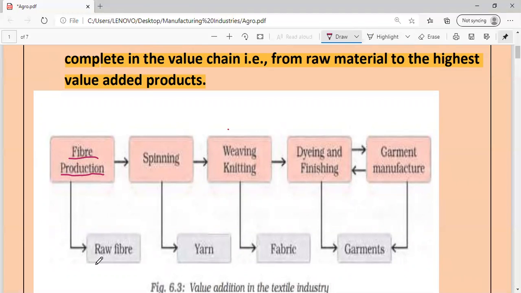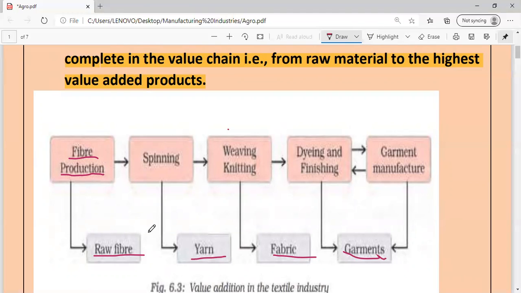From raw material, you are making raw fiber. Then raw fiber is converted into yarn, thread, through spinning. Then you are making fabric, cloth, and afterwards you are doing dyeing, putting color, and finally the garment is made. The garment undergoes dyeing, finishing, and it reaches the market.